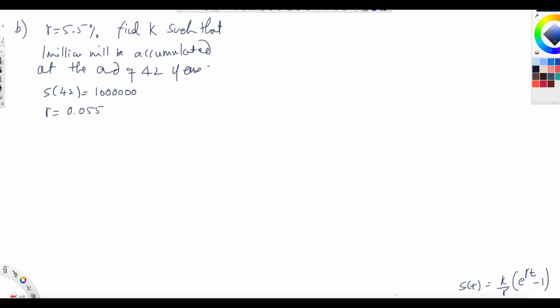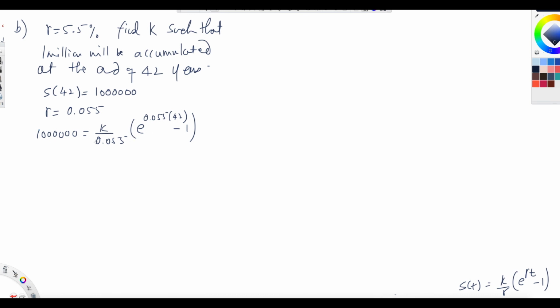So use it in that equation. You get 1 million equals k over 0.055 times e to the 0.055 times 42, t is 42, minus 1. How do I solve this?